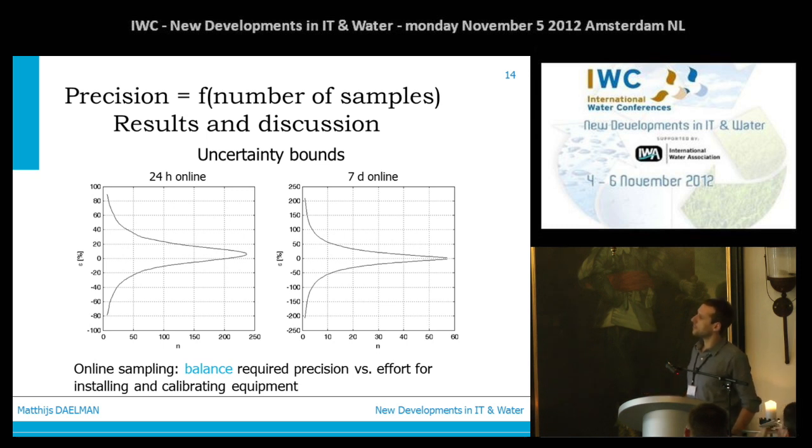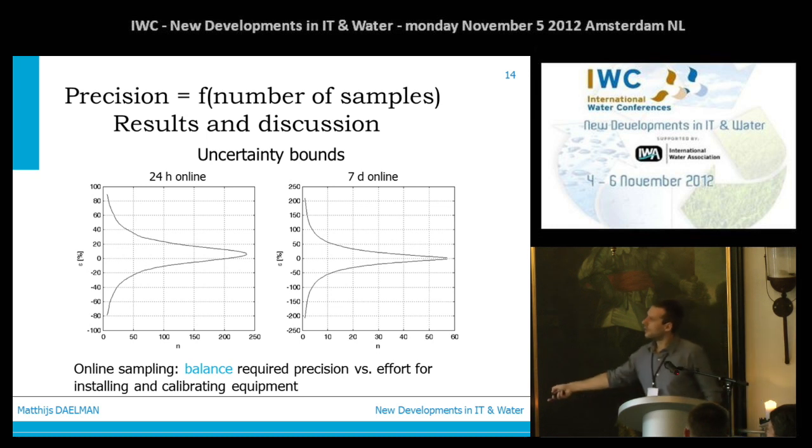So what you see here, over here you can see the number of 24-hour online periods you have to sample, and over here you can see the mean and plus or minus 2 times the standard deviation of the relative error.